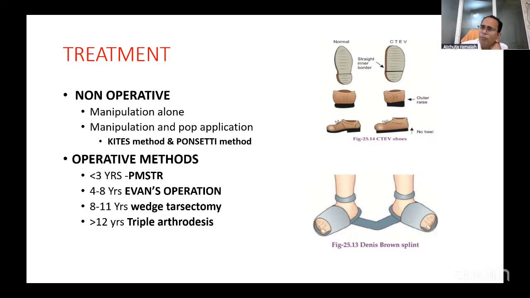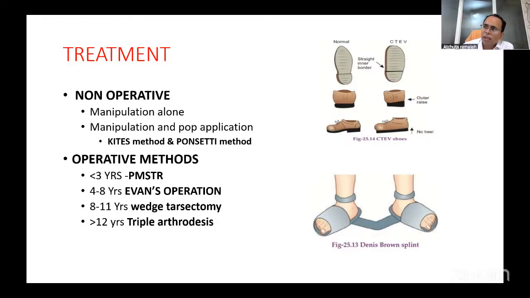When we do serial casting, we do the tendoachilles tenotomy as a procedure with the last cast, and casting will be combined. This will be kept for a fortnight or 10 days because the tenotomy wound will heal by that time.